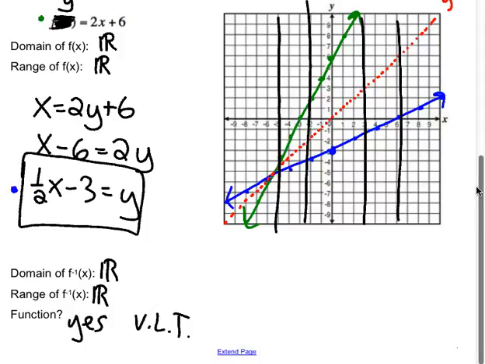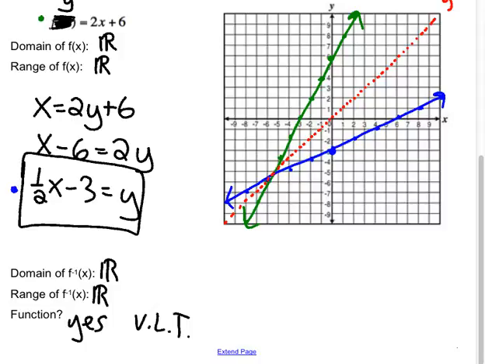So it's passing the vertical line test. So don't forget that when you're dealing with things graphically, that's how you can tell. Otherwise, you should just kind of know that any straight line is going to be a function. That should kind of be second nature to you.